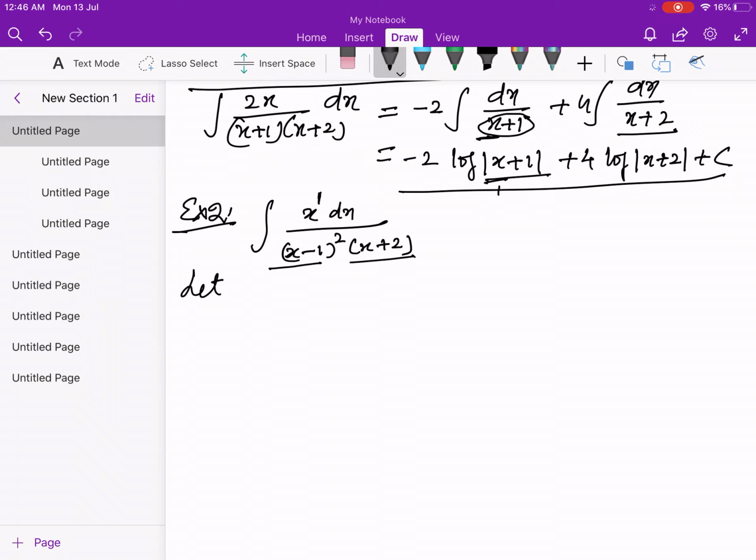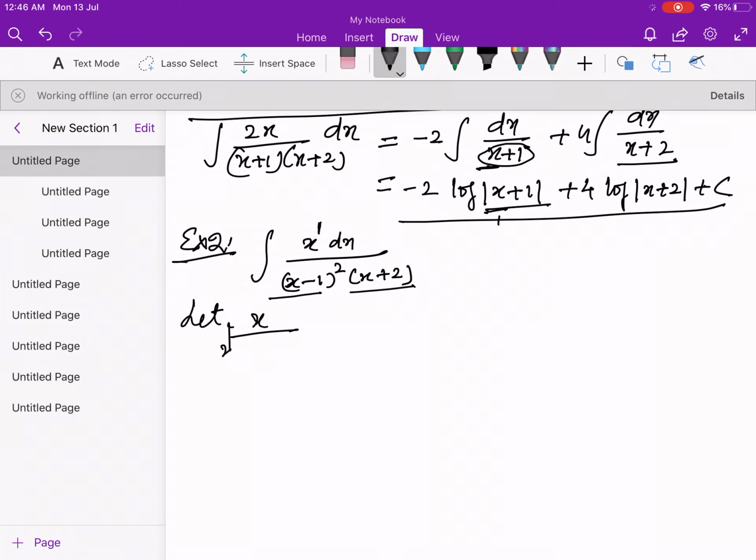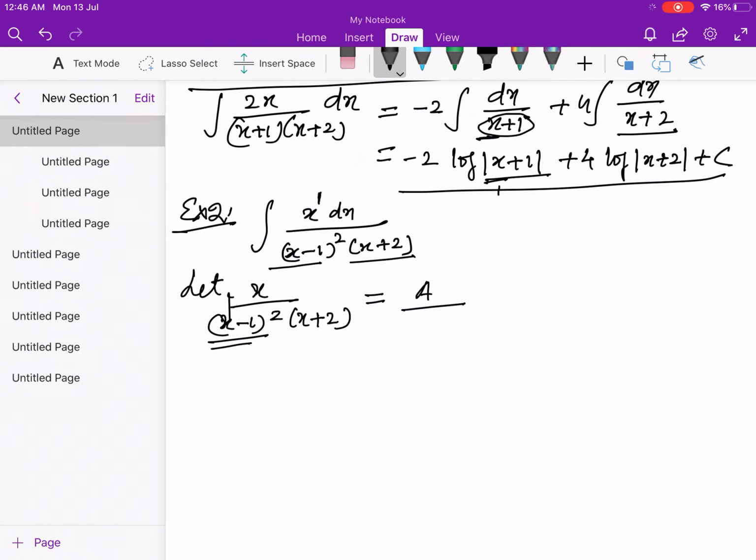So take out the whole expression from the integral: x upon (x minus 1) whole square into (x plus 2) equals what? For the whole square we do supposition twice, a upon x minus 1 plus b upon (x minus 1) whole square. This is a linear expression, so c upon x plus 2.